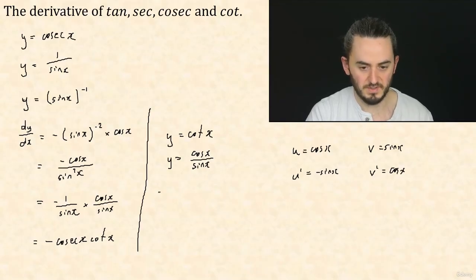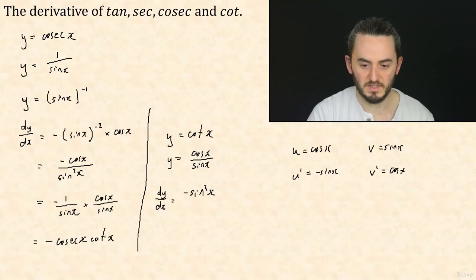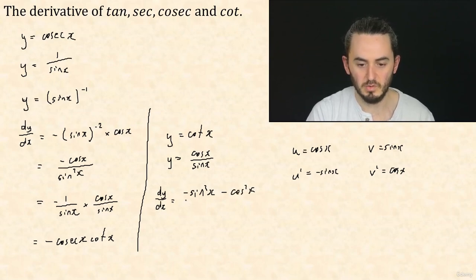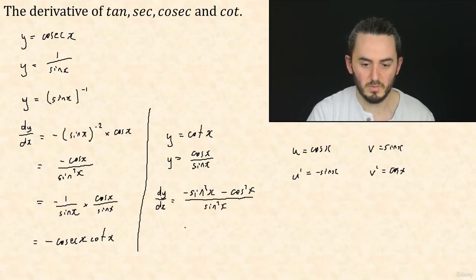So what's our derivative here? Well, dy by dx is v u dash, that's sine x times negative sine x, so minus sine squared x, minus u v dash, which is cos x times cos x, so that's minus cos squared x, all over v squared, so all over sine squared x. Okay, how can we tidy this up?